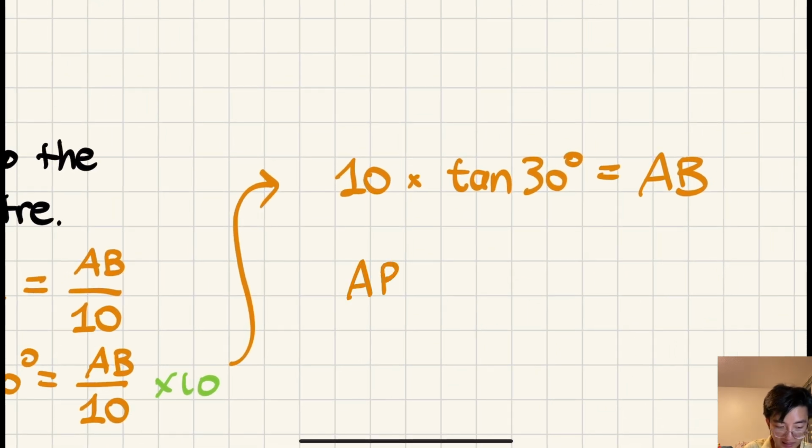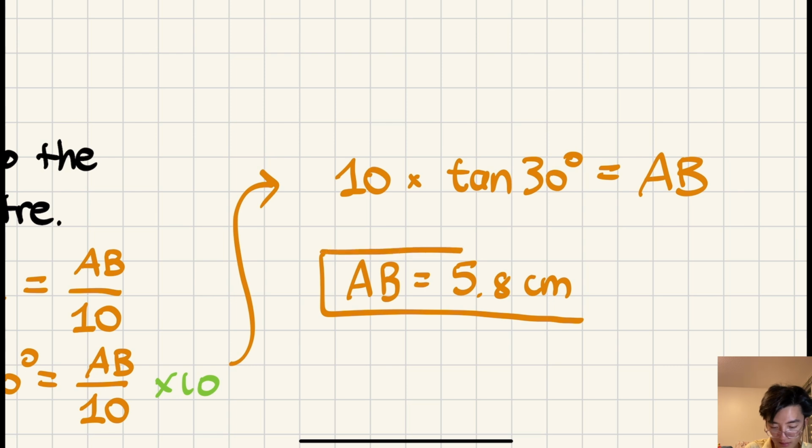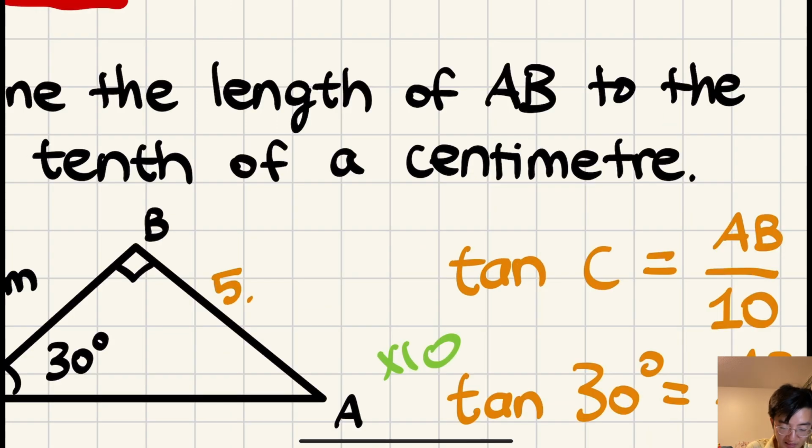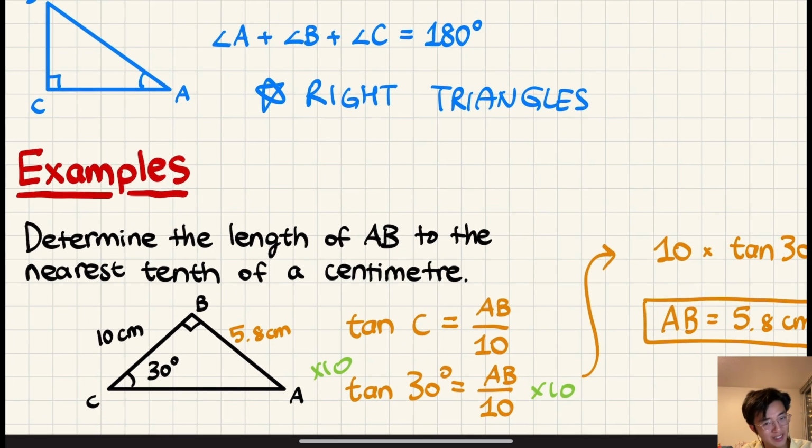That gets us 5.8 centimeters rounded. So we know the side length of AB here is 5.8 centimeters, even though I didn't really draw it like it.